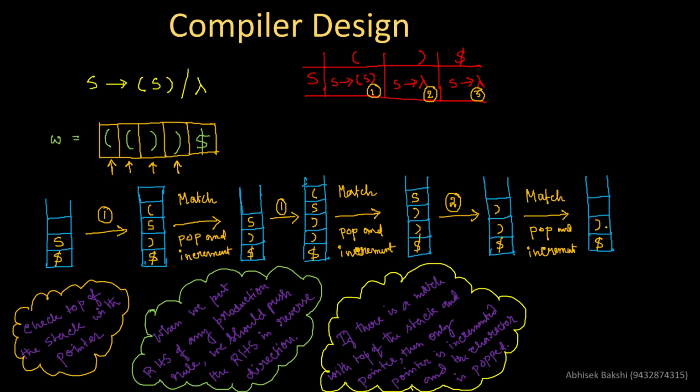And you see now top of the stack doesn't contain any nonterminal symbol, so you cannot exploit this particular LR parsing table over here. But here you can match again the top of the stack with this particular pointer character. So again we can say that we have a match. That means pop and increment.